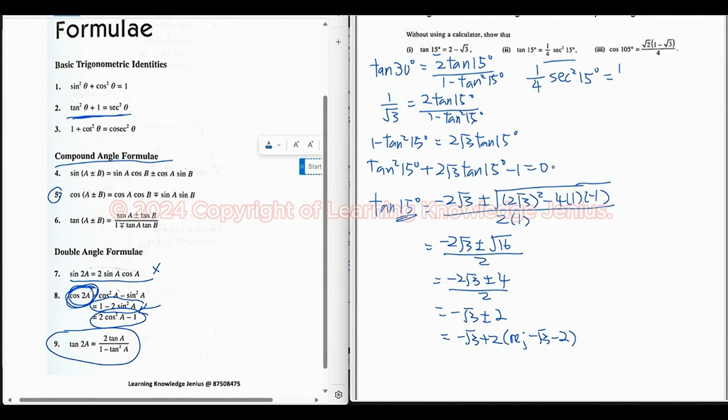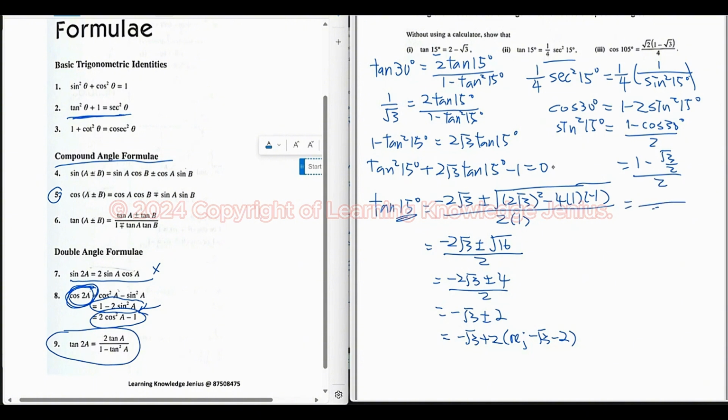For this one, the secant means 1 over sine square 15 degrees. So this is equal to, we then use a double angle formula like previously: cosine 30 degrees, same as the previous method, 1 minus sine square 15 here. Then rearrange them, so that is equal to 1 minus square root 3 over 2, over 2.